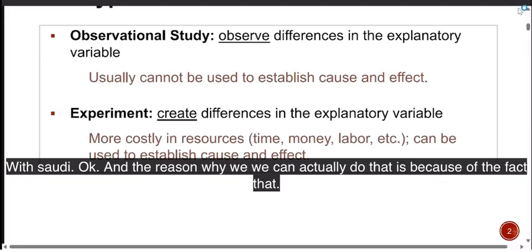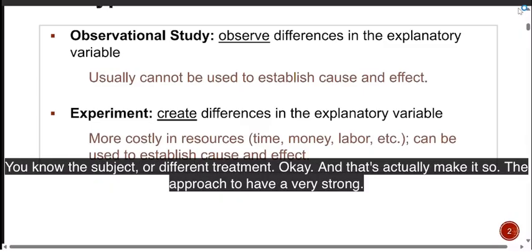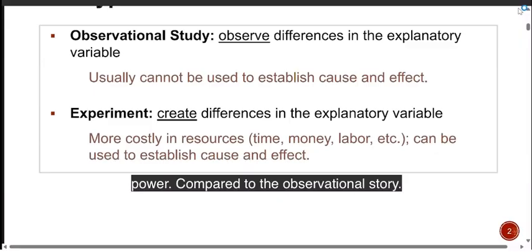The reason we can do that is the randomization that takes place, where the researcher randomizes the subjects to different treatments. That gives the approach very strong statistical power compared to the observational study.